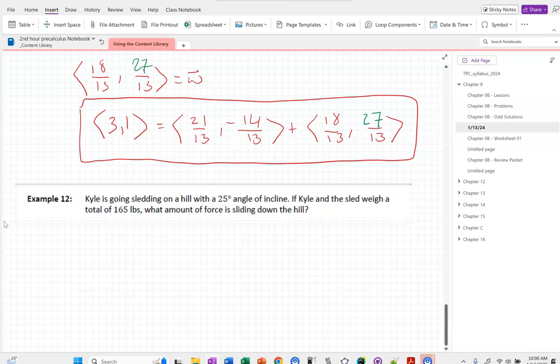It says Kyle is going sledding on a hill with a 25-degree angle of incline. If Kyle and the sled weigh a total of 165 pounds, what amount of force is sliding down the hill?